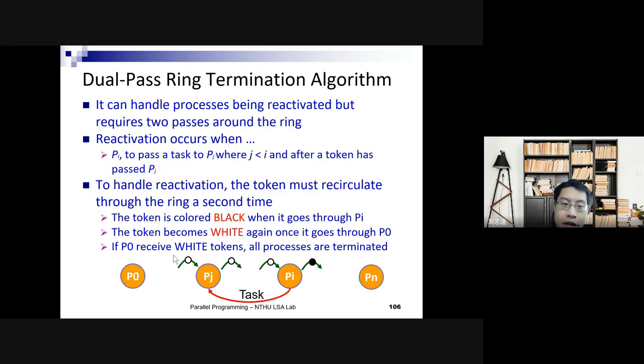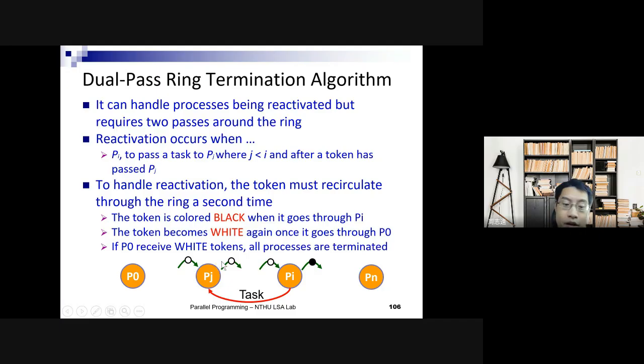And why does it need two passes? Because the first pass is similar to before. Every process, the token will start from say P0 or the master, and then pass on one by one. If the process reaches its local termination condition, then it will pass the token. Otherwise, it will just hold the token and wait until it is terminated.